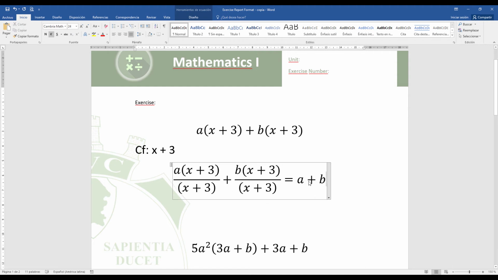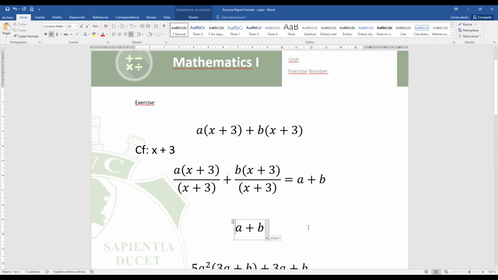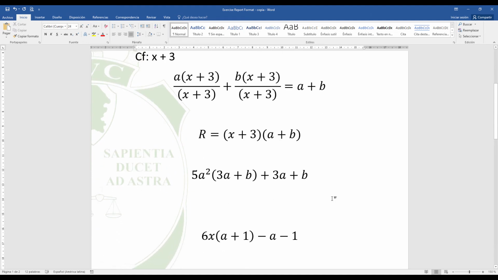And remember the result of the factoring here is the common factor multiplying the result of that division. Okay, now the next one.